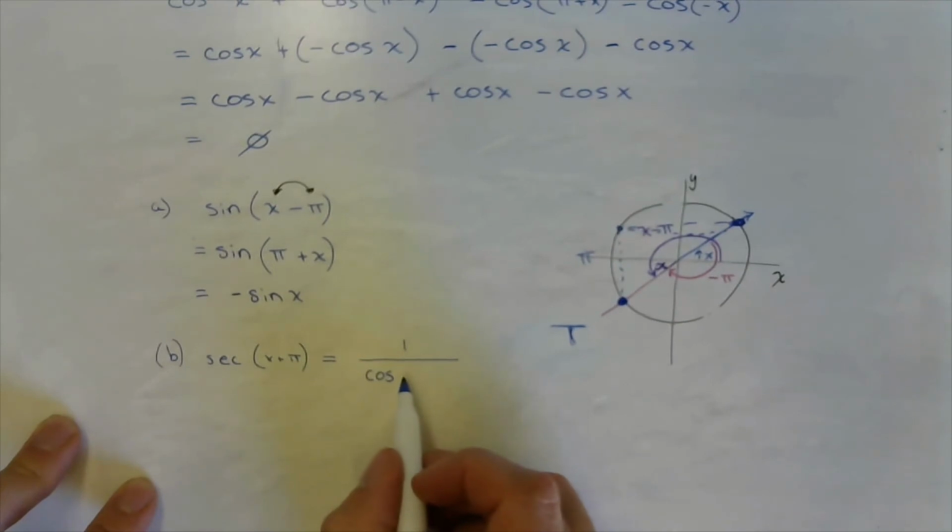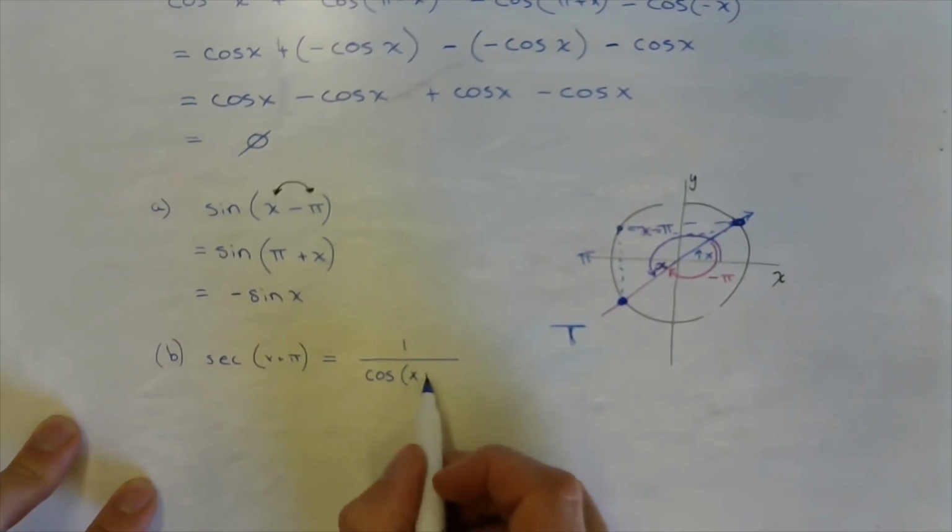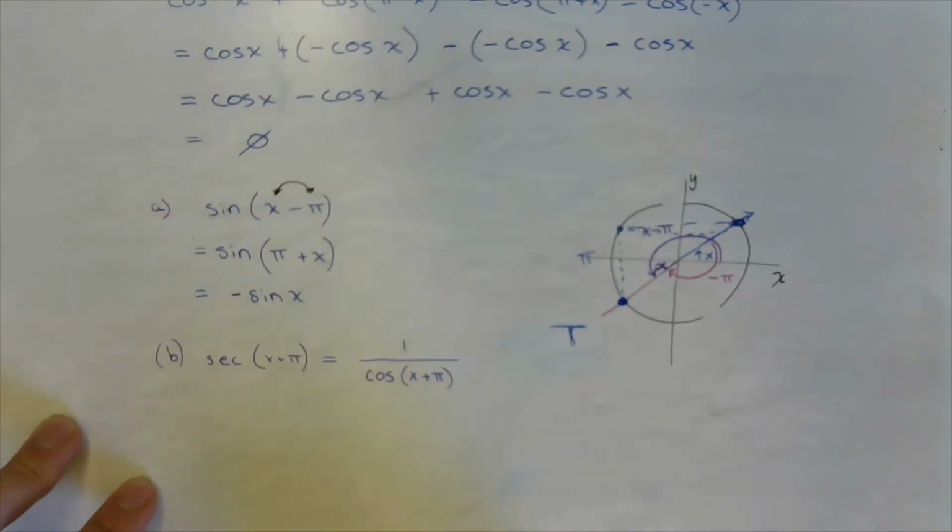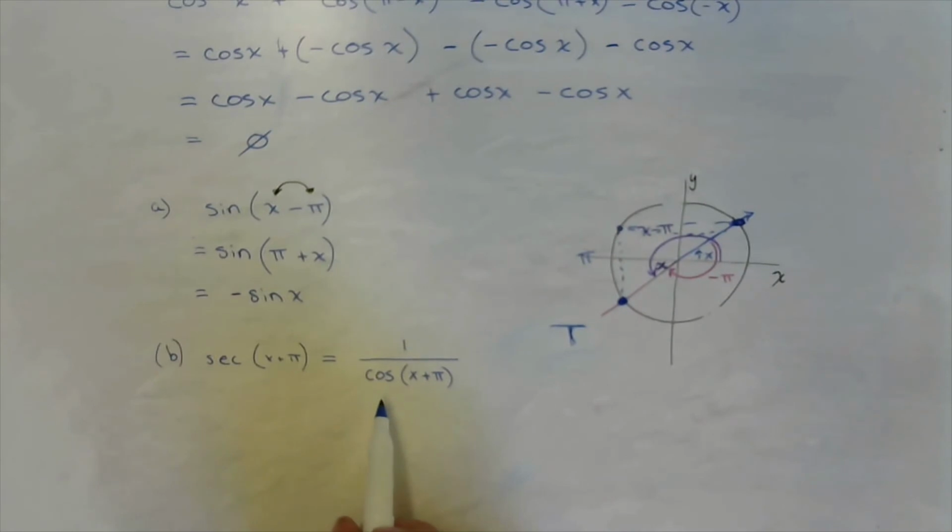It's cos. Okay, so we have the cos of x plus pi. Now we're going to do all our work dealing with cos because it's a primary trig ratio. We know how it works a little bit better, and then we can flip it back.